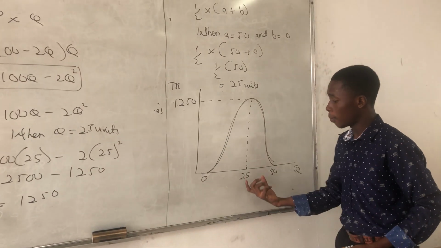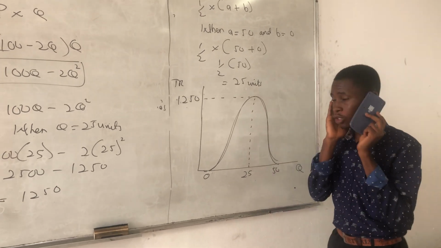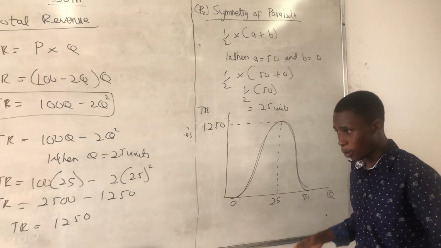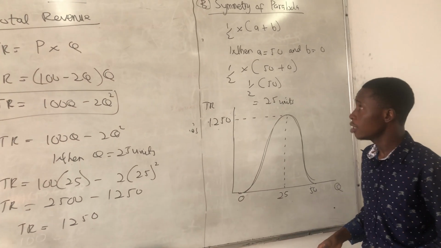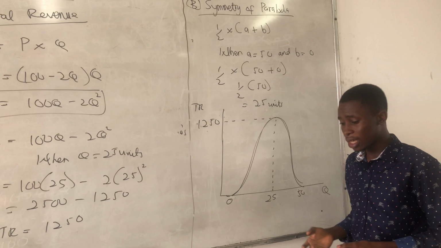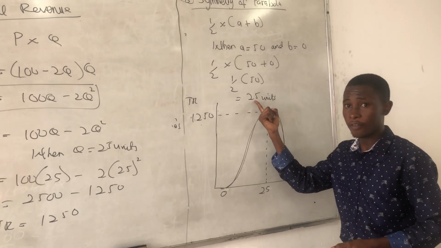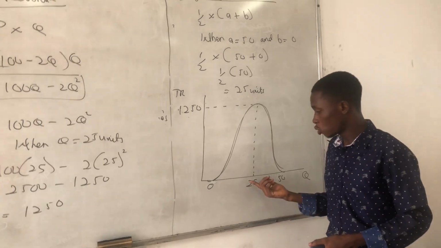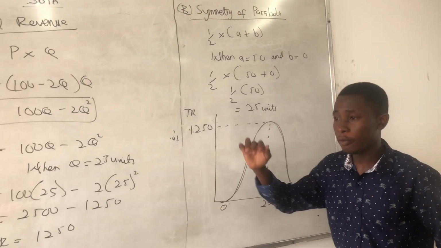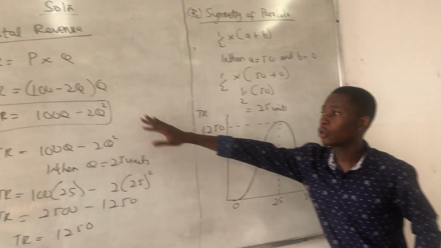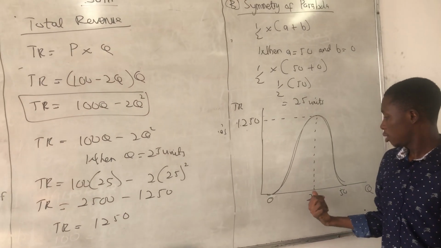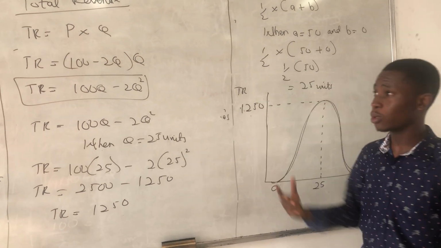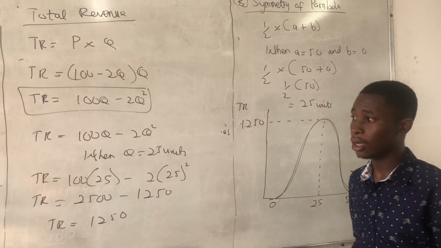We have the symmetry of parabola as 25. Understanding the symmetry of parabola gives you the idea of getting the middle figure between the quantities 0 and 50, which is 25. Then I put 25 into the total revenue function and get the maximum value. That's all about this question. So we'll pick a different question.